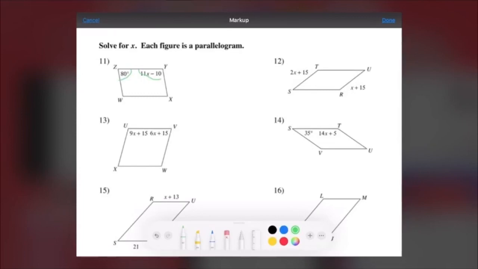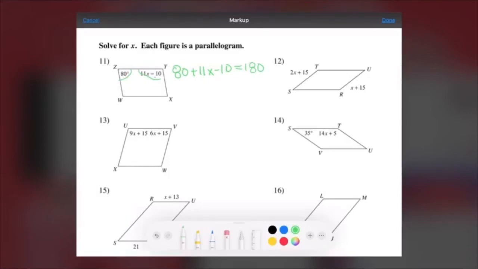We know that adjacent angles next to each other, right, add up to 180 because they're supplementary. So all we have to do is 80 plus 11x minus 10 is equal to 180.